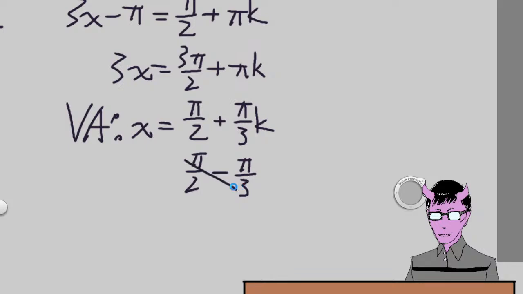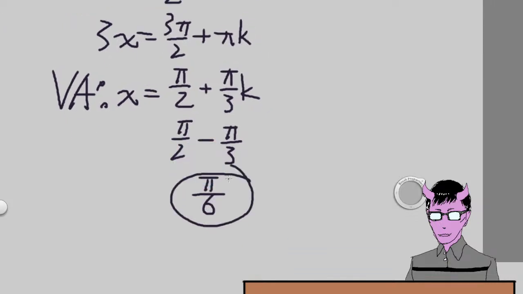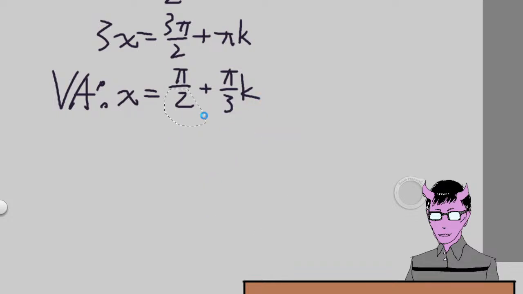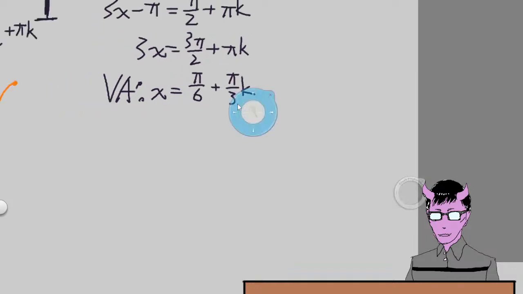So do the old cross multiplication. 3 minus 2 is 1. Common denominator is 6, and therefore we can get to the smallest possible positive value. So let us adjust this. So pi over 2 is correct, but pi over 6 is just slightly better in my opinion.